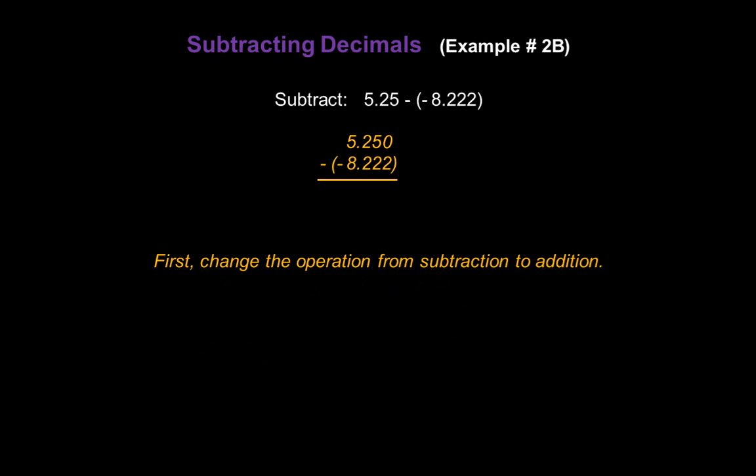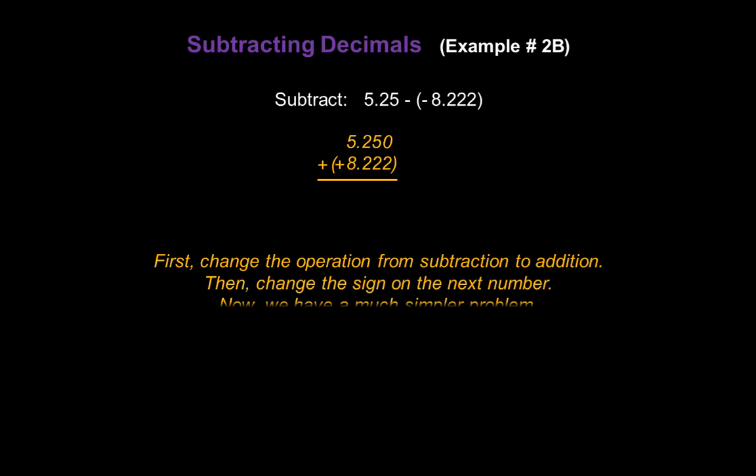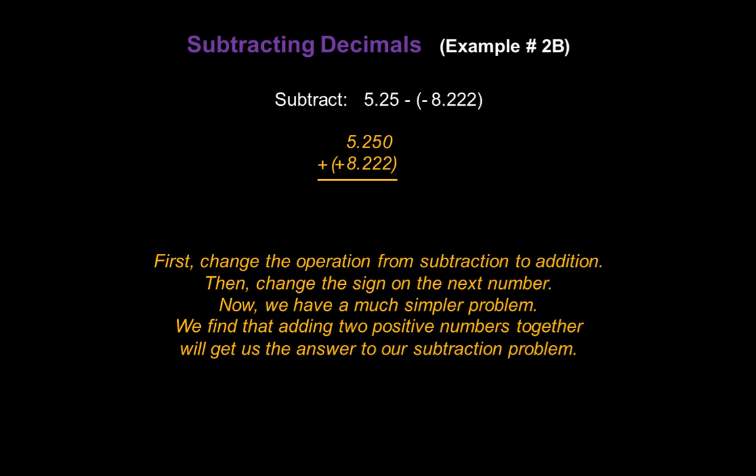Now, to change from subtraction to addition, the first thing we do is just change the operation from subtraction to addition. But there's one more step. Don't forget to change the sign on the next number as well. So negative 8.222 becomes positive 8.222. Now we have a much simpler problem. We find that adding two positive numbers together will get us the same answer as our subtraction problem did.